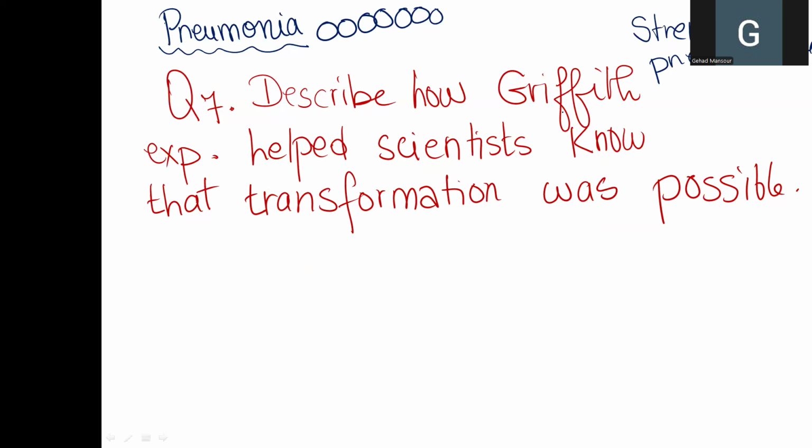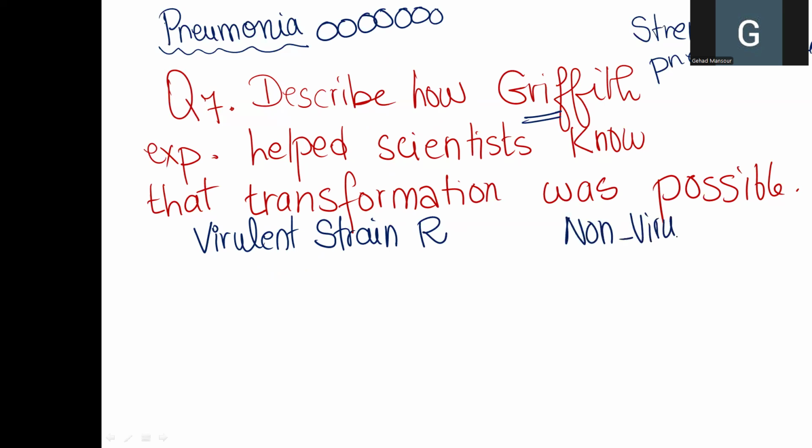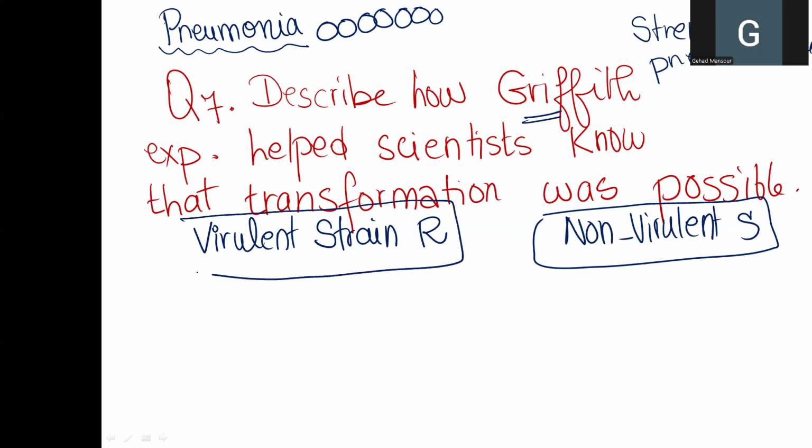So Griffith was working on two strains of bacteria, a virulent strain that he called the R strain and a non-virulent strain that he called the S strain. I'm not going to explain the whole experiment steps because they are on the slides, but I try to summarize Griffith's experiment.